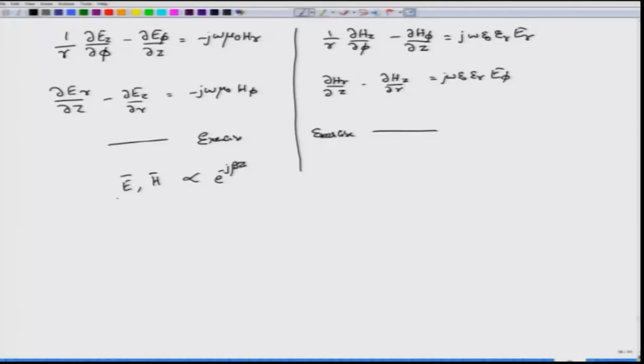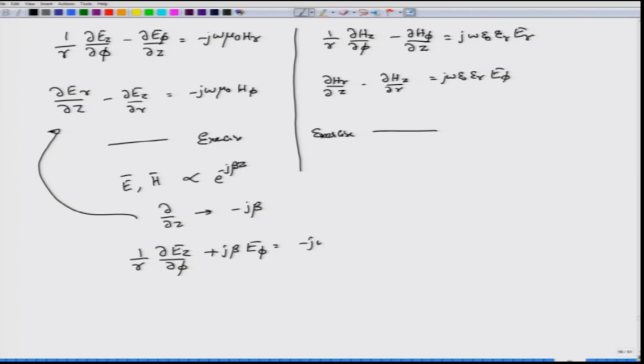So, you have electric and magnetic fields going as e power minus j beta z with respect to the z axis. Therefore, their del by del z can be replaced by minus j beta. I am going to make those substitutions into these equations and obtain 1 by r del E z by del phi plus j beta E phi equals minus j omega mu naught h r.